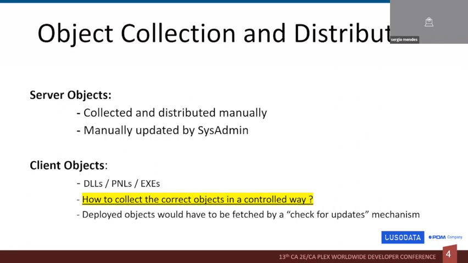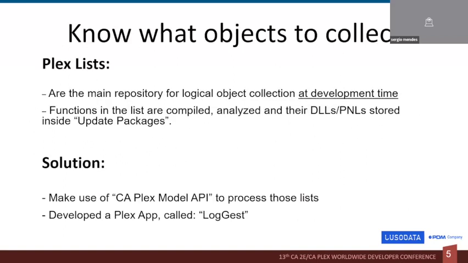This was back in '06 and '07, and fortunately CA released the Plex model API by that time, and we decided to give it a try. We used it to put our changed objects, changed functions, either direct or indirect changes, into Plex lists.